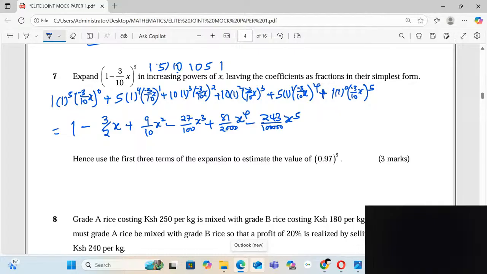So they wanted us to expand that one in increasing power of x, and then leaving the coefficients as fractions in their simplest form.